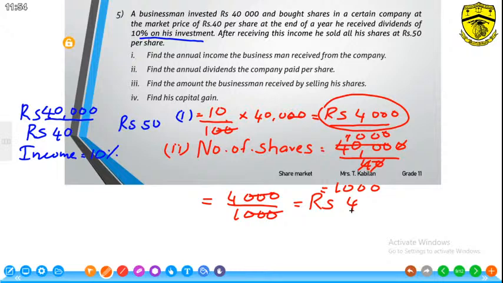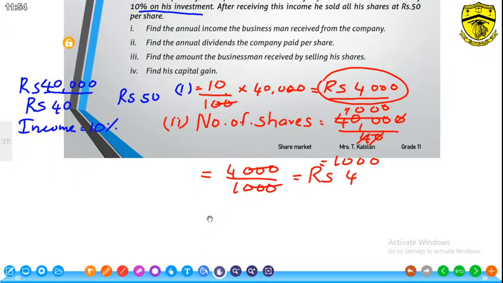Okay, third part. Find the amount the businessman received by selling his shares. Here we need to find the selling amount from selling all the shares, right? We know the number of shares.